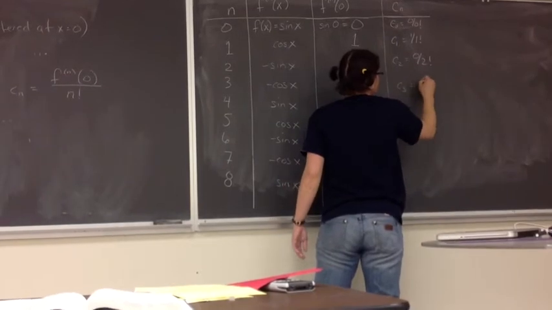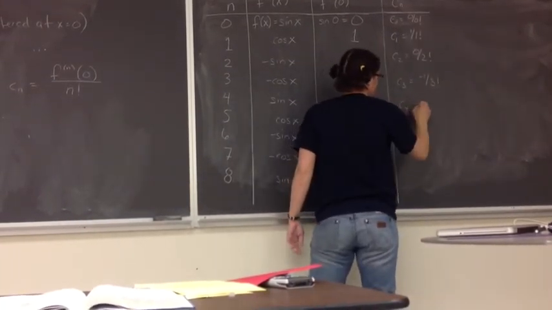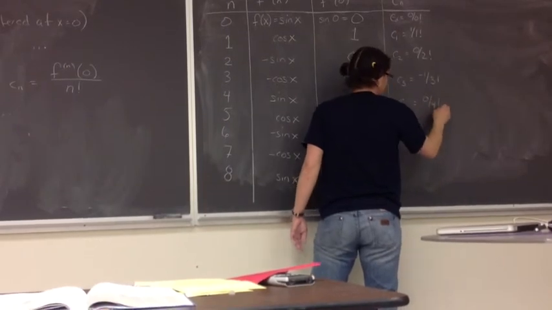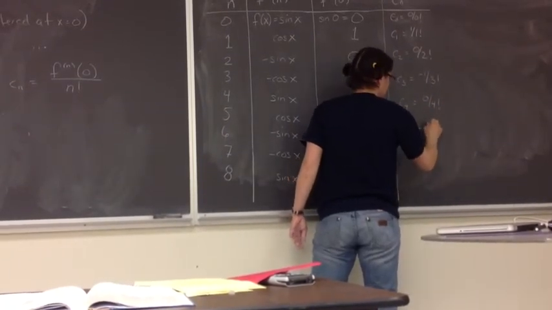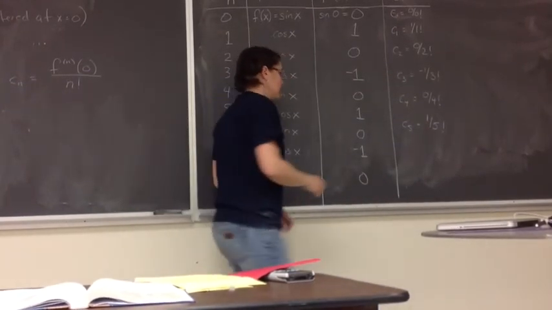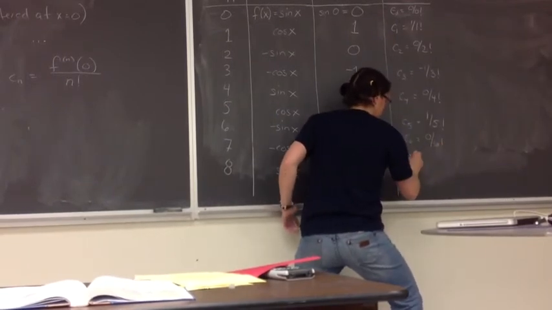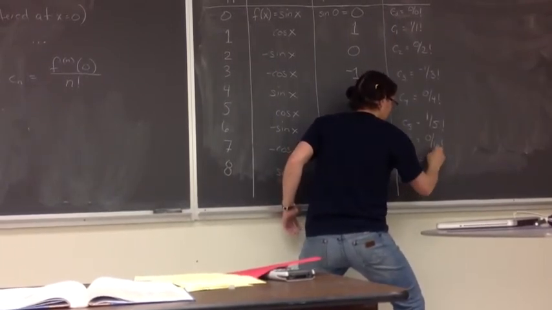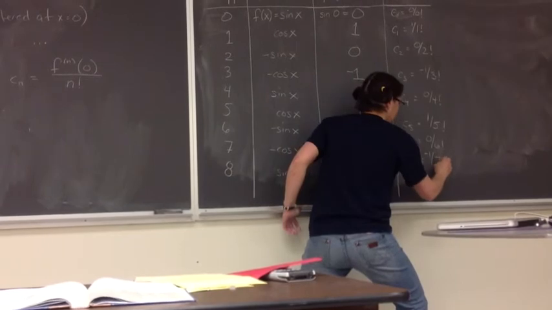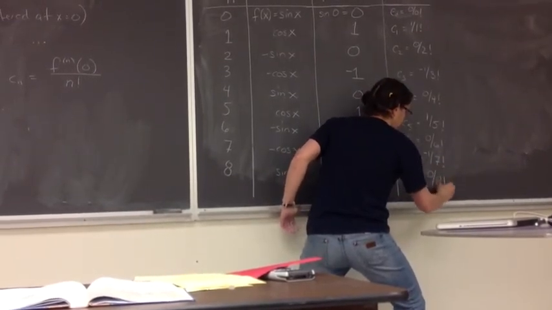C3 is negative 1 over 3 factorial. C4 is 0 over 4 factorial. C5 is 1 over 5 factorial. C6 is 0 over 6 factorial. C7 is negative 1 over 7 factorial, and C8 is 0 over 8 factorial.